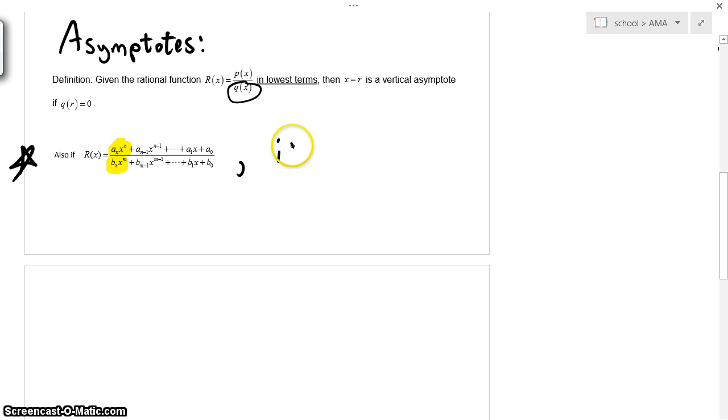We would say that if that power up on top, n, is less than the degree of that denominator, the highest power down below, m, if n is less than m, then y equals 0 is a horizontal asymptote.